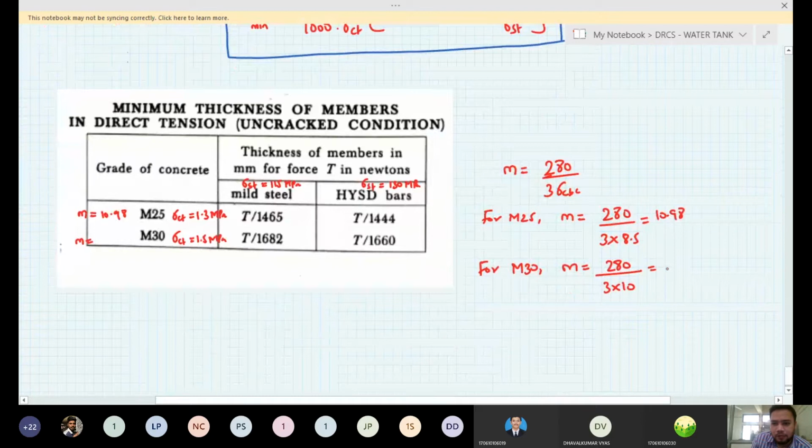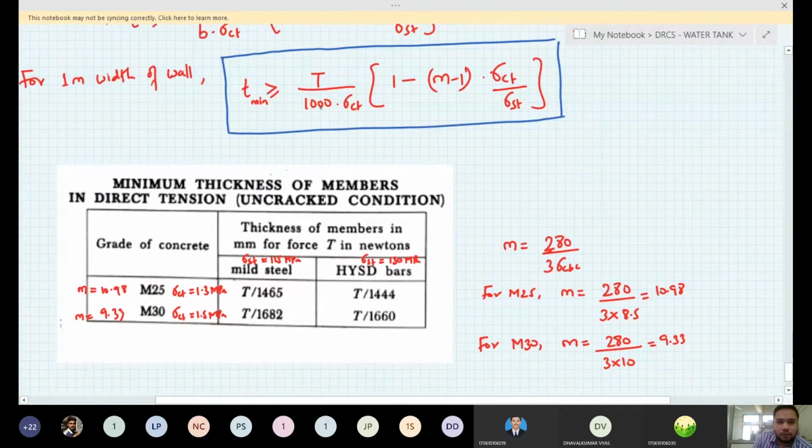So it will be 9.33. You put these values in this formula, and you will get an expression of this form. So for different grades of concrete and steel, you can use this formula to get the minimum thickness of the member.